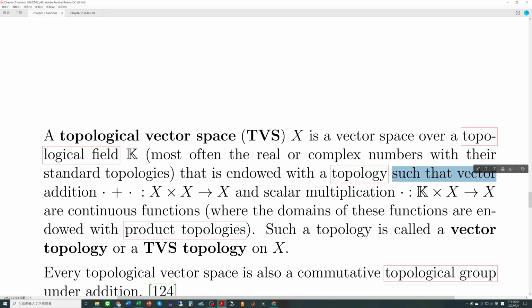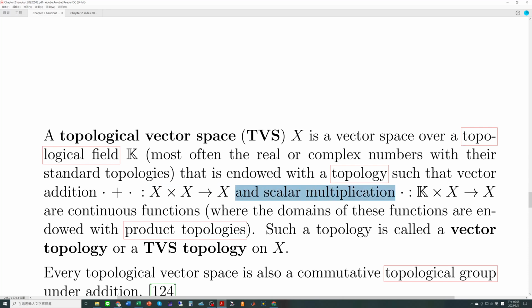Such that vector addition, dot plus dot, which is from X times X to X. Here X times X means the Cartesian product of X and X. So you can see the addition as a function, and the domain of the function is X times X, and the range of the function is X.